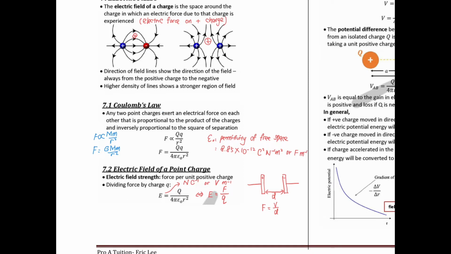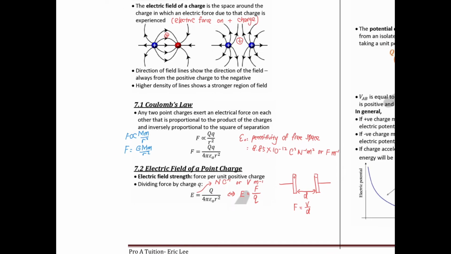Okay, so let's compare with chapter 2. In chapter 2, we learned about the gravitational field strength. Gravitational field strength is very much related to this. Gravitational field strength is known as g, is known as force per unit mass. Imagine if you have this formula based on Newton's law of gravitation, you divide by m, right?